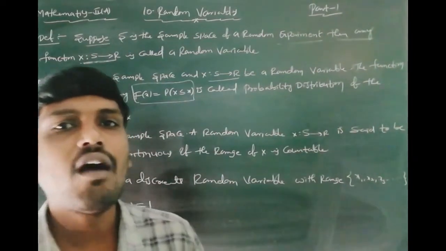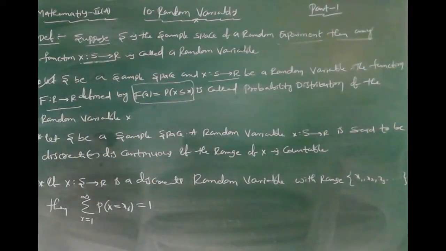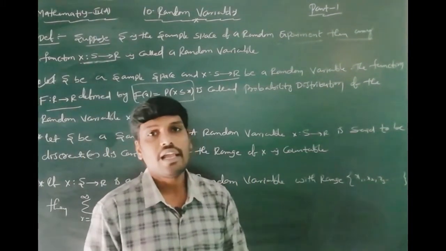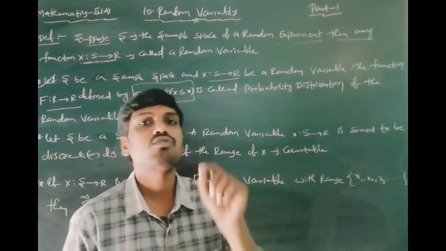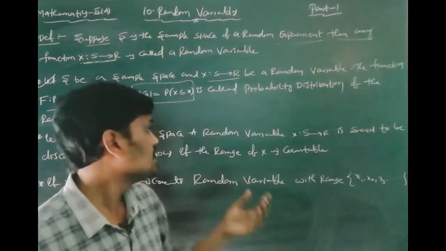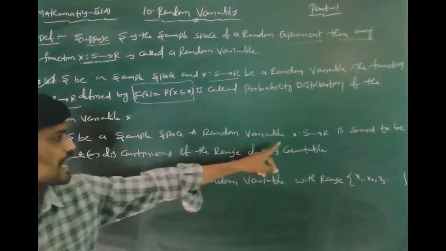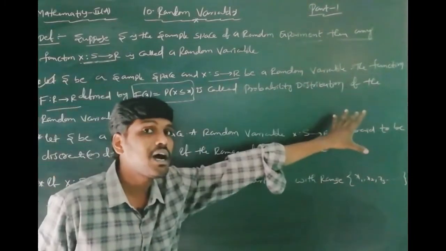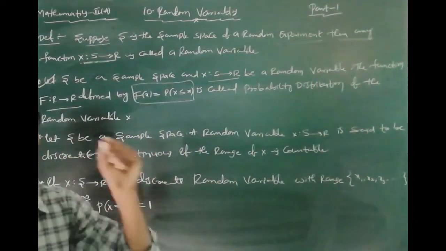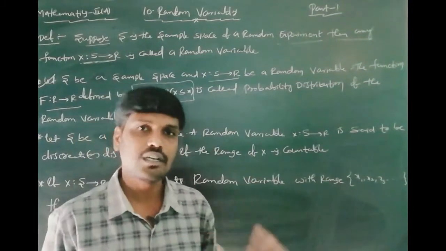What is the meaning of countable? The range of X is countable, that is, not infinite, just a finite set. That set is a finite set, that is countable. When the range of X is countable, that random variable is called a discrete or discontinuous random variable. Understood or not?